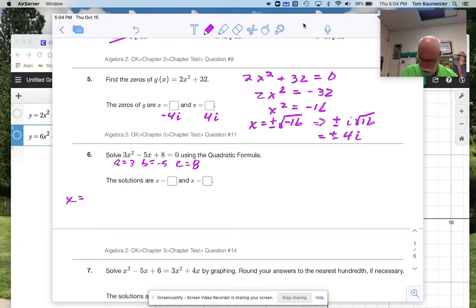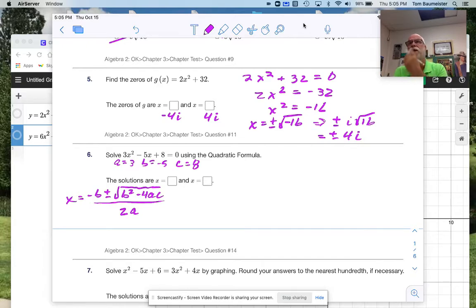So I'll get x is equal to negative b plus or minus the square root of b squared minus 4ac, all of that under the radical sign, and it will be over 2 times a.